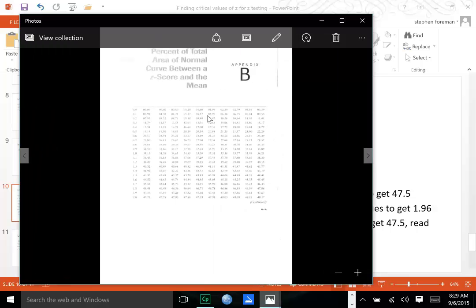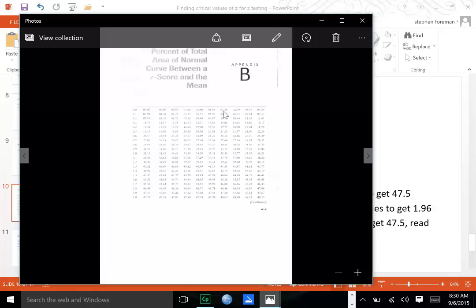And if we go to Monroe, and I know these are really hard to see, but if you squint pretty good here, you can see 47.5 right here, and that's the 1.9 row, and that's 0, 1, 2, 3, 4, 5, 6, and this is the 0.06 column.